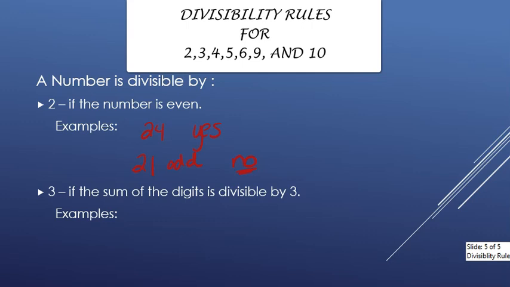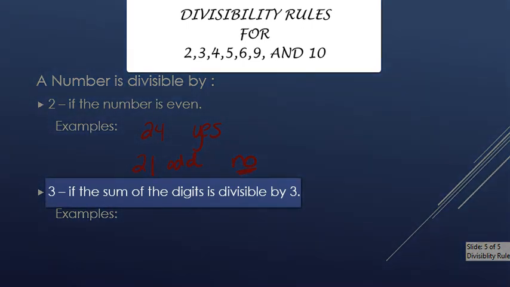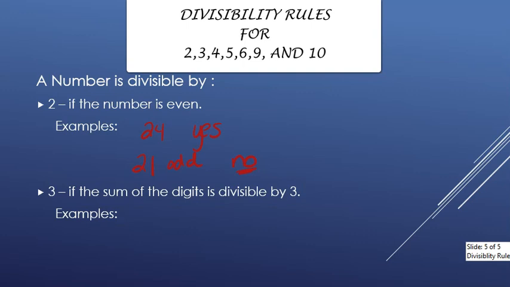What about for the number 3? For the number 3, the rule is if the sum of the digits is divisible by 3. So let's take a large number. Let's say you have 369, and you want to know, will 3 go into 369 evenly or not? All you have to do, the shortcut method, is to take 3 plus 6 plus 9.